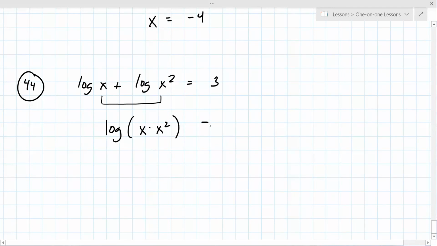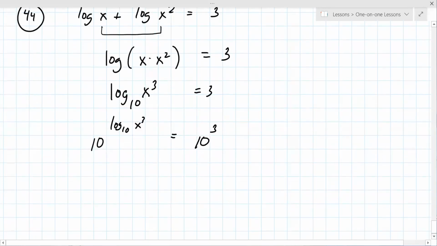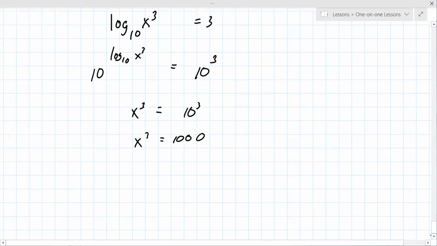Multiplication. Yeah. So this is really log of x cubed. When the base isn't written, it's 10. So to undo this, you're going to take 10 to the log base 10 of x cubed equals 10 cubed. And so that becomes x cubed equals 10 cubed, or x cubed equals 1,000. Cube root, and then it's just 10. X equals 10, yeah.